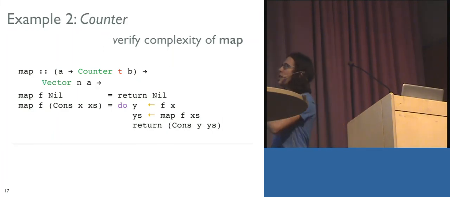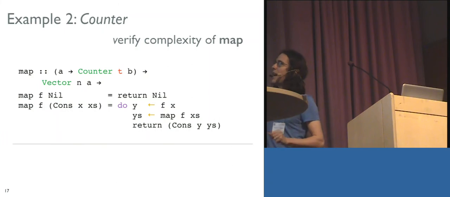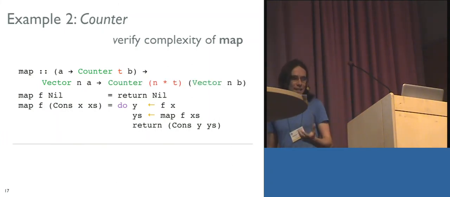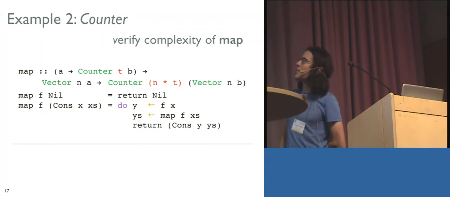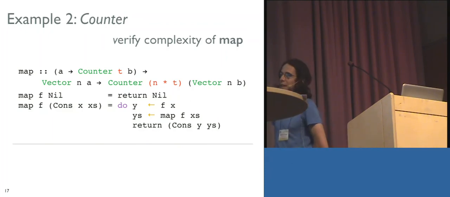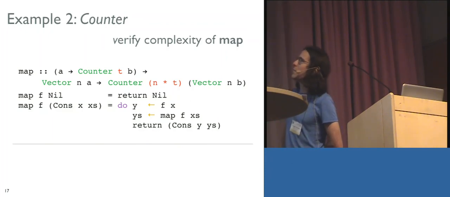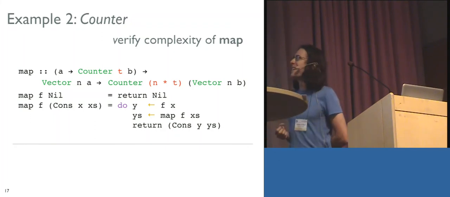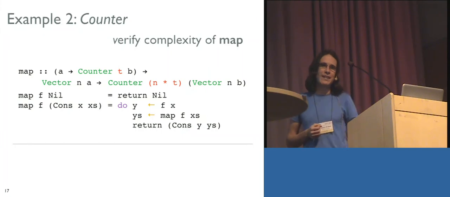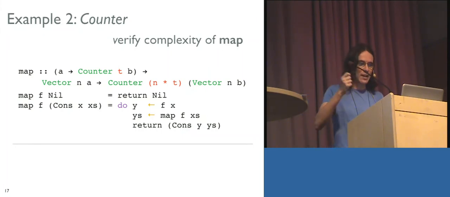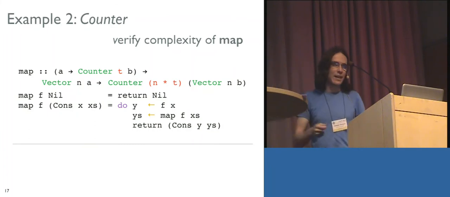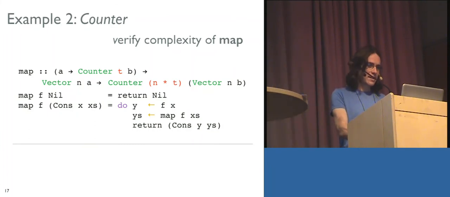And this is defined on sized vectors, so I'm taking a vector of size n. And then this is the type that we get that type checks this function, where we count n times t to get the vector of n of type b at the end. So if this type checks, then we've done the correct implementation of map that goes through and looks at every part just once and calls f once for every element. So that's pretty neat.